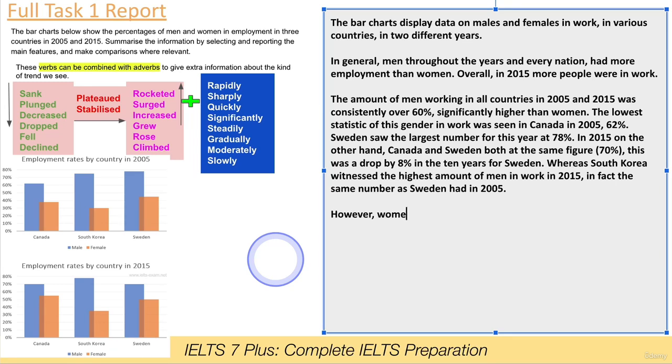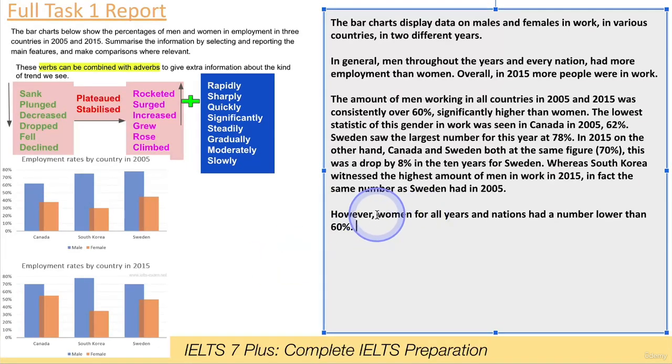However, women for all years and nations had a number lower than 60%. So sometimes it's quite nice to make statements like that and group them together. And let's be really clear, unlike men, women for all years and nations had a number lower than 60%.